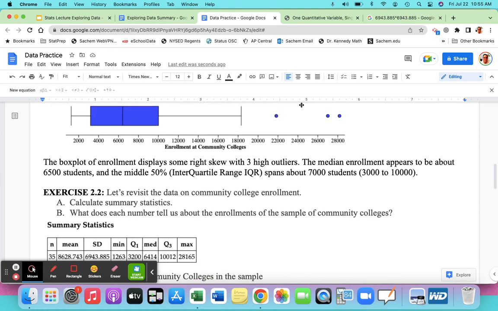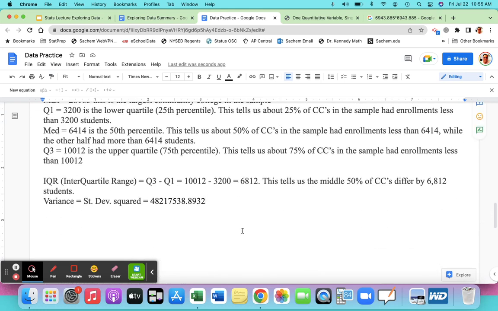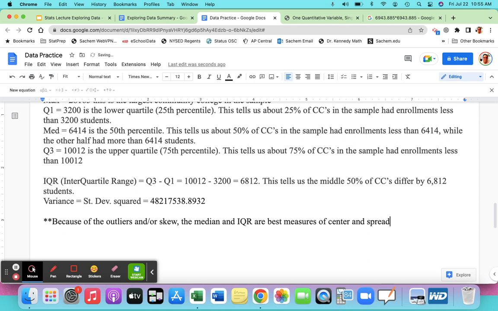So the best measure of center, because of the outliers and skew, and I'm going to say and or because either one of those tells us to use the median. Because of the outliers and skew, the median and IQR are the best measures of center and spread, or variability.